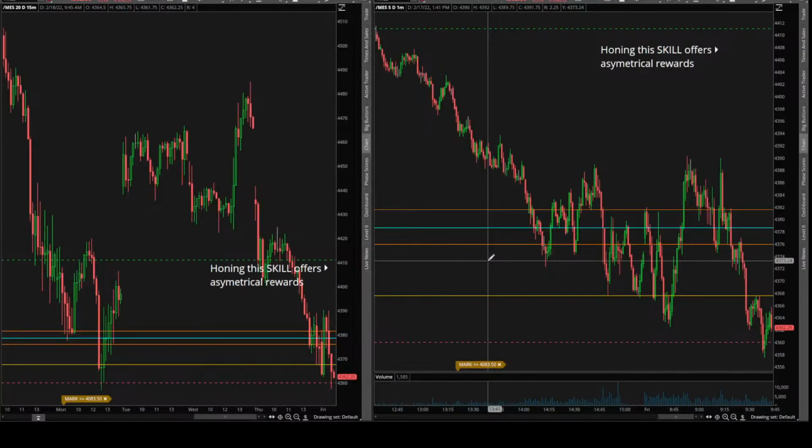I've got some areas drawn out here. 64, 43.35. That's quite a ways below us.